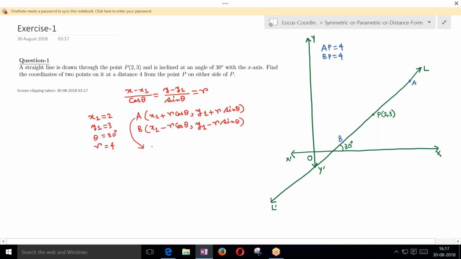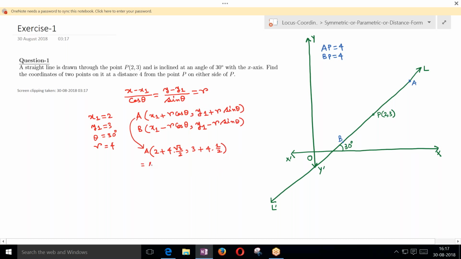So now if we apply the values of x1, y1, theta and r, how do we get the value of A? It is x1, which is 2, plus r, which is 4, into cos 30 degrees. Cos 30 degrees is equal to root 3 by 2, comma, y1 is equal to 3 plus r, which is 4, into sin 30 degrees, and sin 30 degrees is equal to 1 by 2.